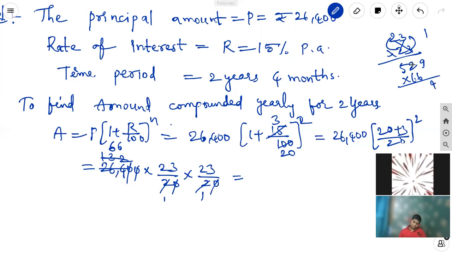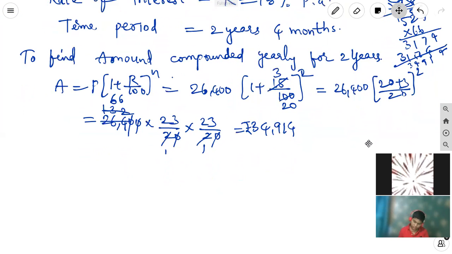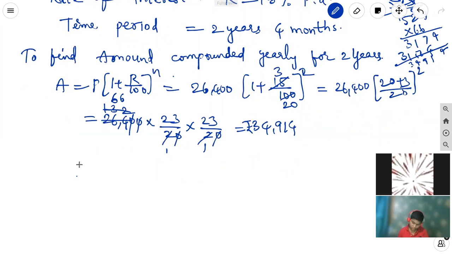The result is 34,914 rupees. After 2 years, the compounded amount A is equal to 34,914.